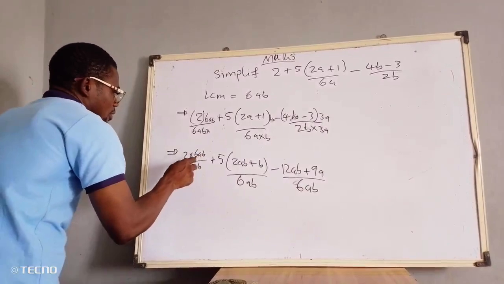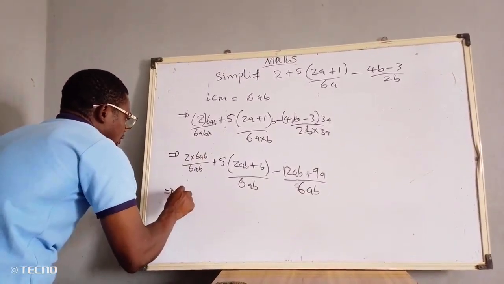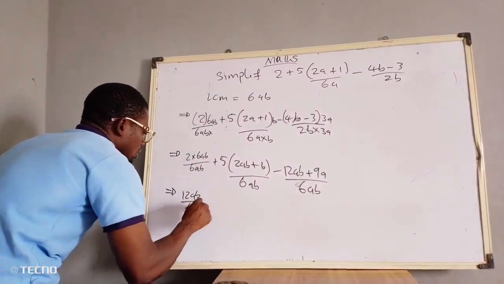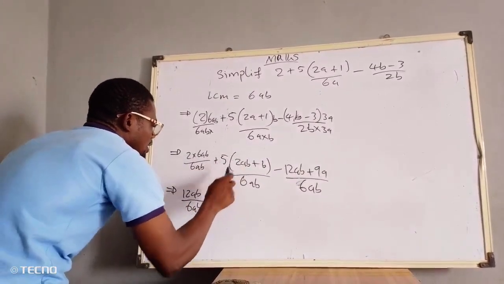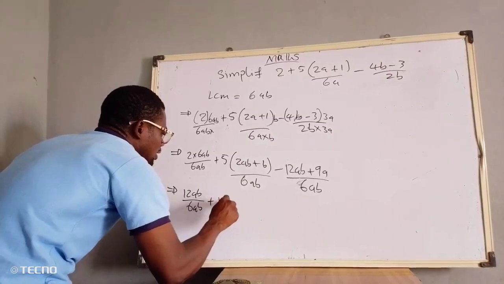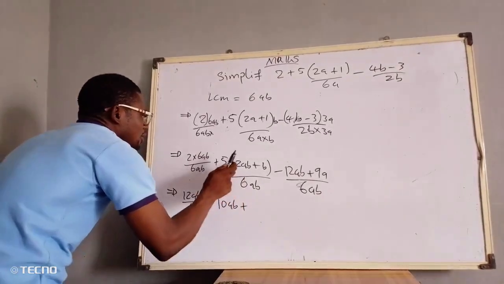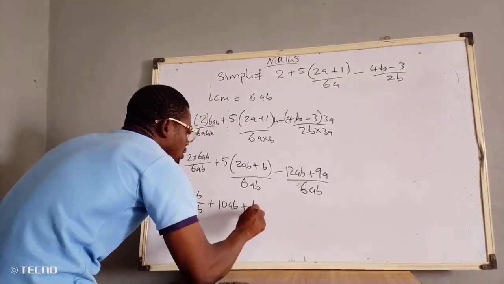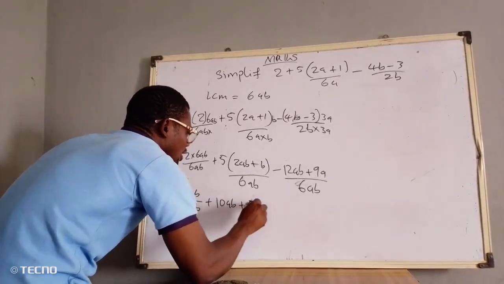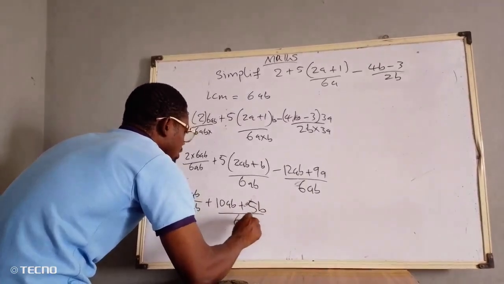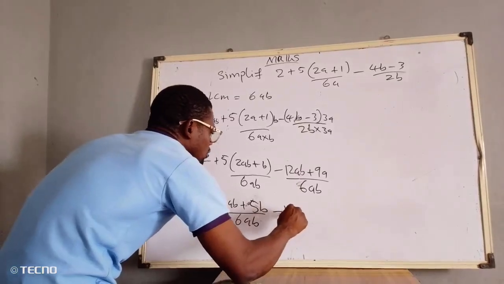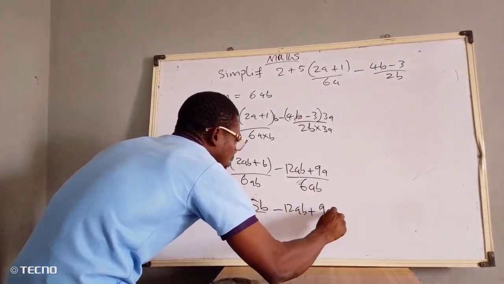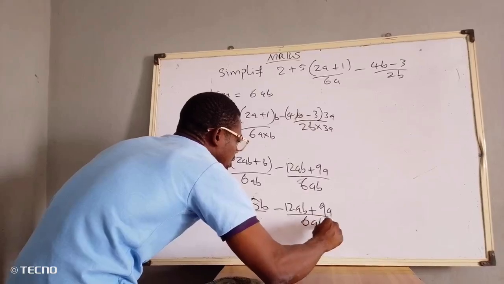Here, of course, we will have 12AB all over 6AB plus 5 times 2AB will give us 10AB plus 5 times B will give us 5B, all over 6AB minus 12AB plus 9A all over 6AB.